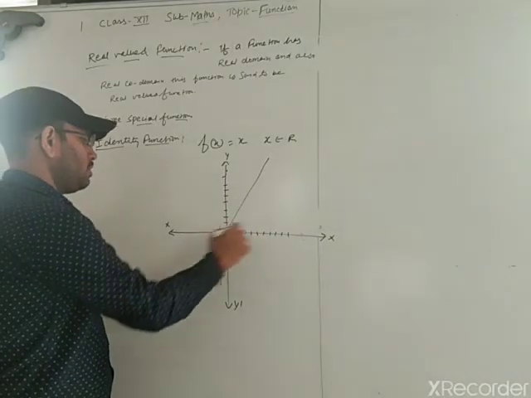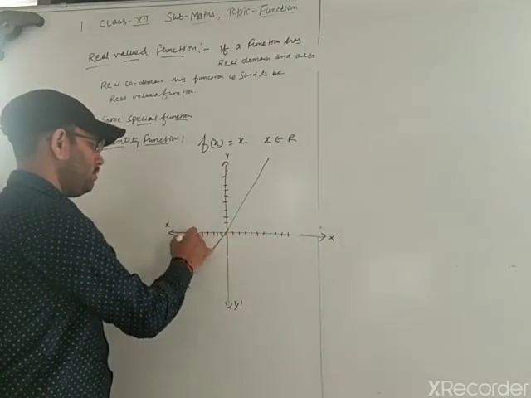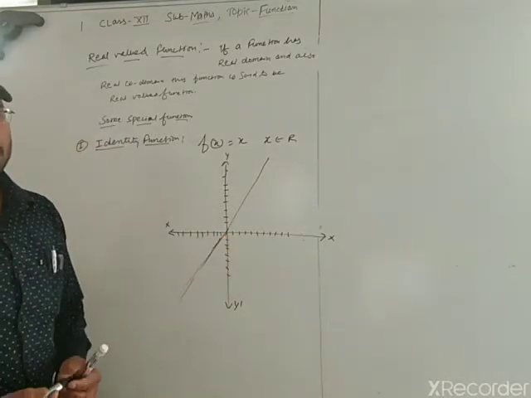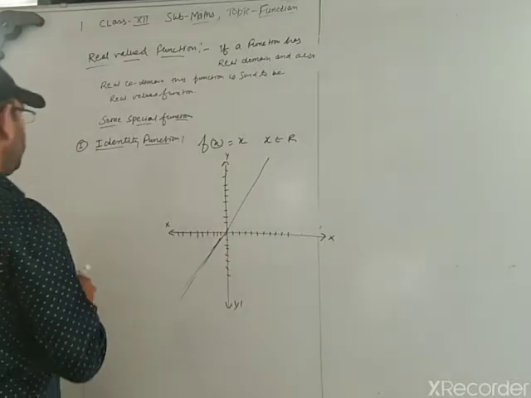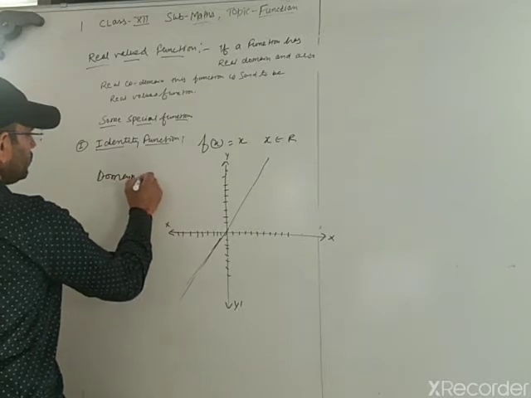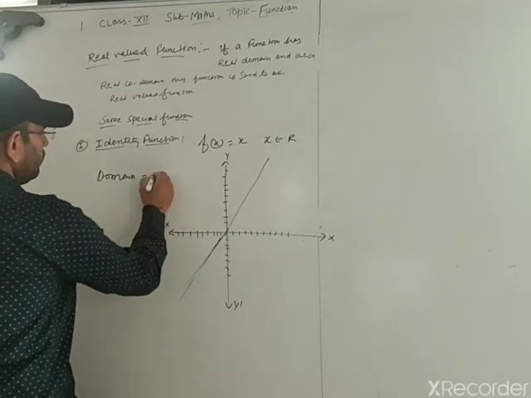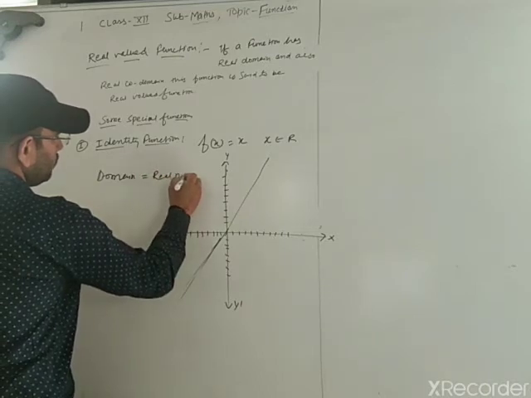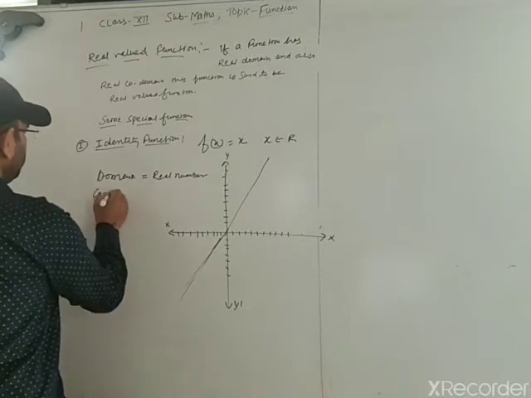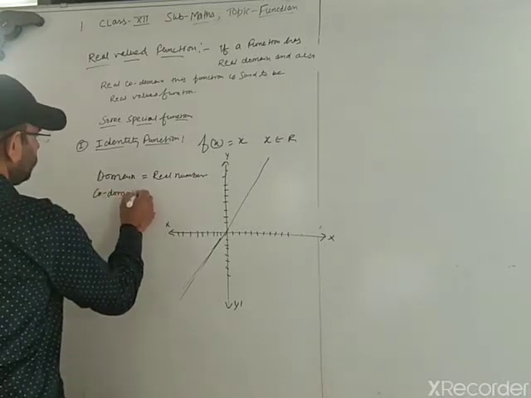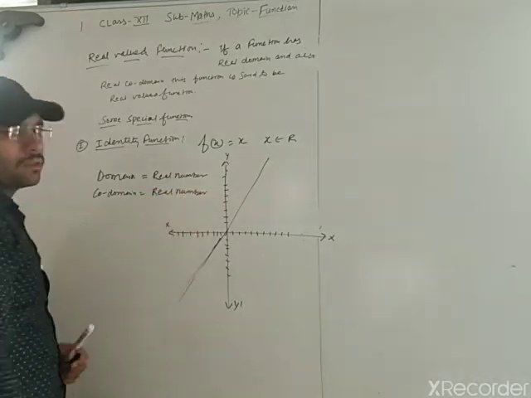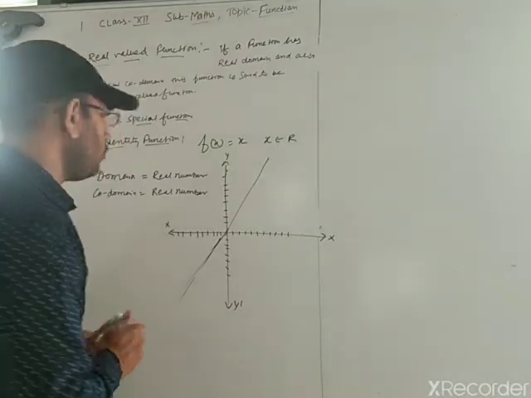For every positive real value and every negative real value, we have the corresponding real values. So we conclude that the domain of the function is real numbers, and the codomain is also real numbers. Clear?